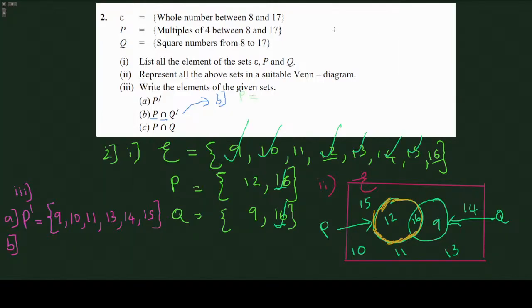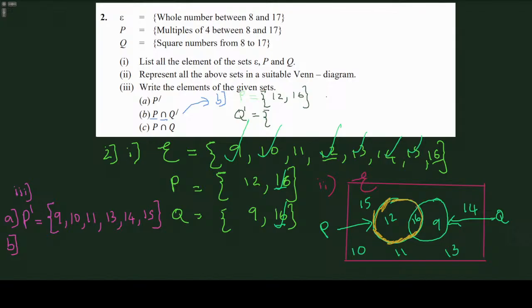What is set P, which we already know, that is 12, 16. And we'll also write the set Q complement. What does Q complement mean? The elements which are not in set Q. It's quite easy to figure out the elements which are not in set Q by looking at the Venn diagram.